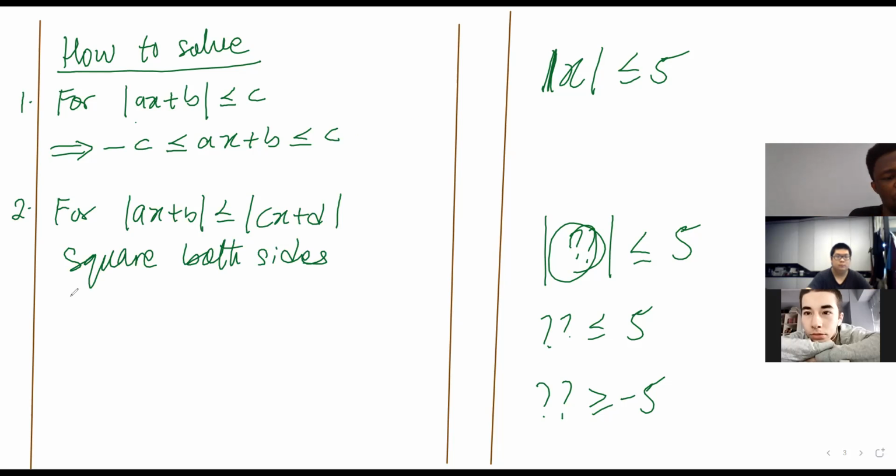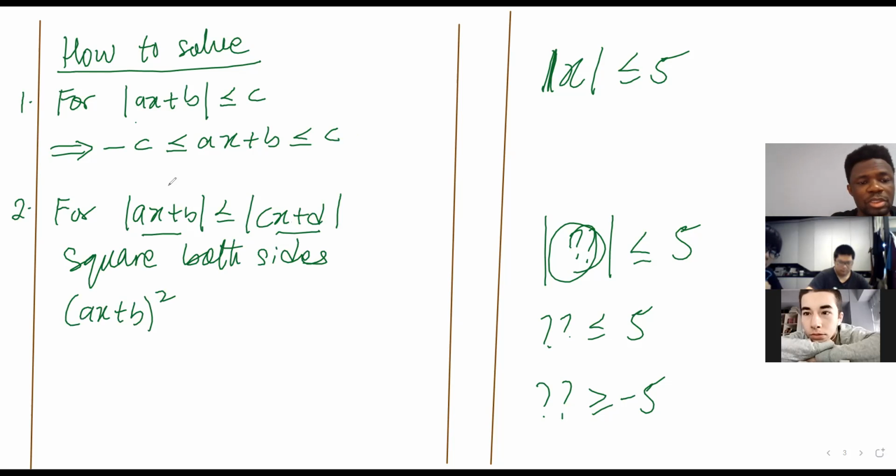Square both sides, then you have your ax plus b. Of course, if absolute value shows you the order, it means that this is always less than this, and both of them are positive, right? When you square two positive numbers, they still maintain the order.